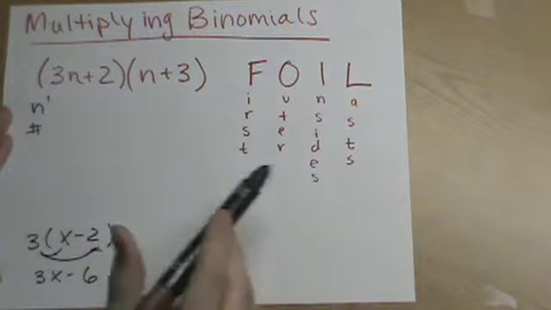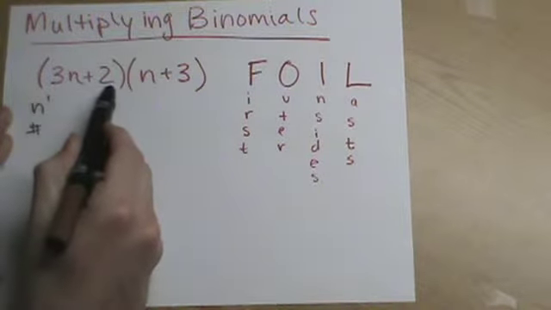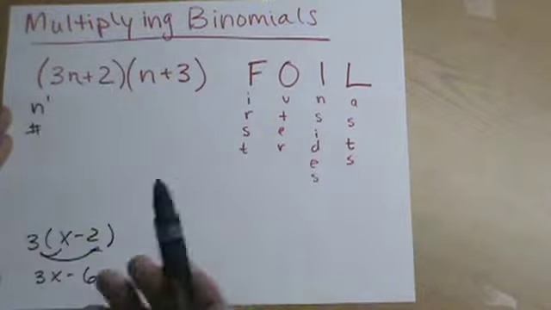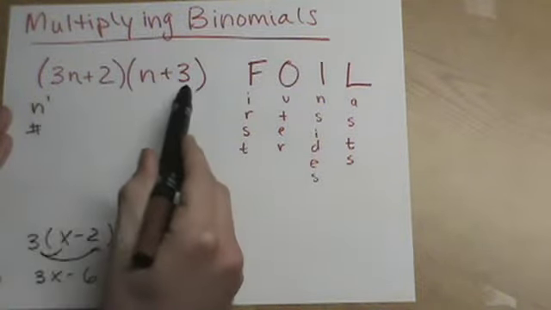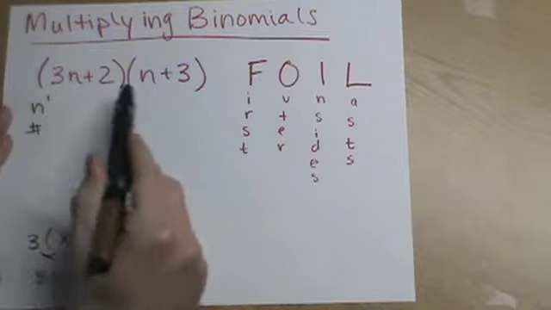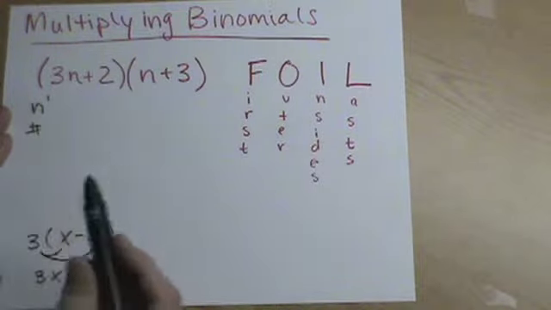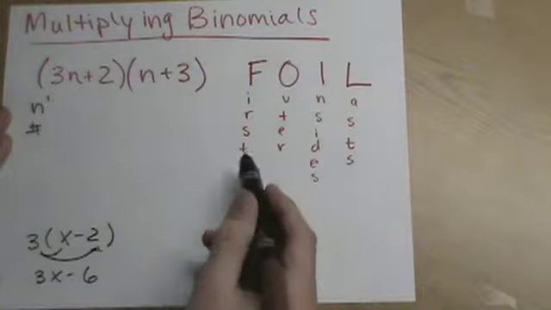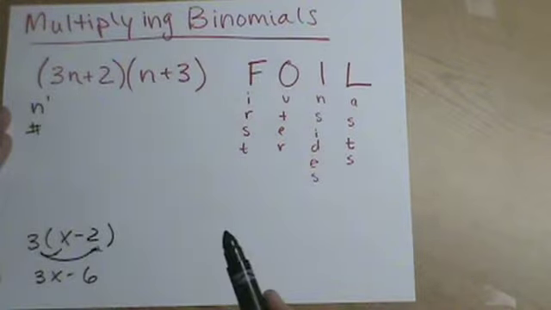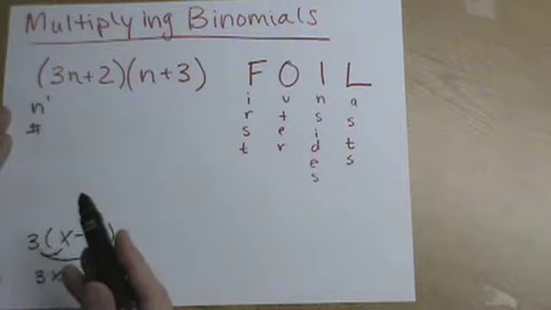And then lasts, we're talking about the last terms in each of these. So we have a 2 here and a 3 here, the 2 and the 3. All we're going to do is these steps to get our product.